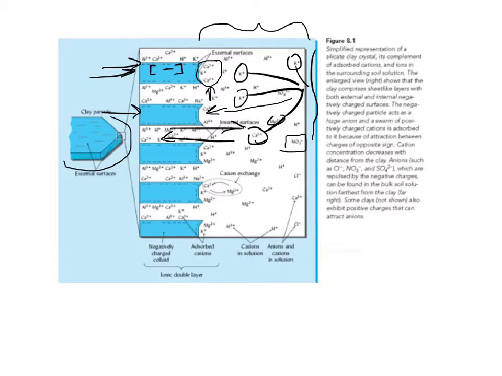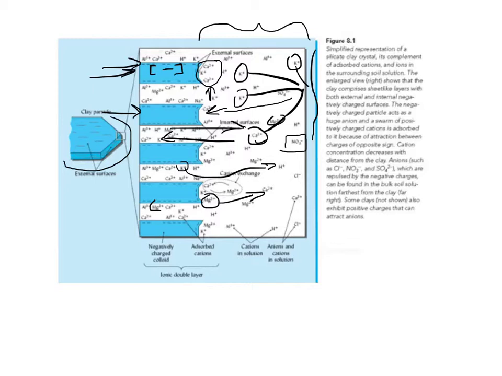So some of these potassiums might go out into the solution, and magnesium might go out. Actually, the ones on the edge are more typical to go out into the solution. That's a relationship that we find in clay, and this is typical of a soil colloid.